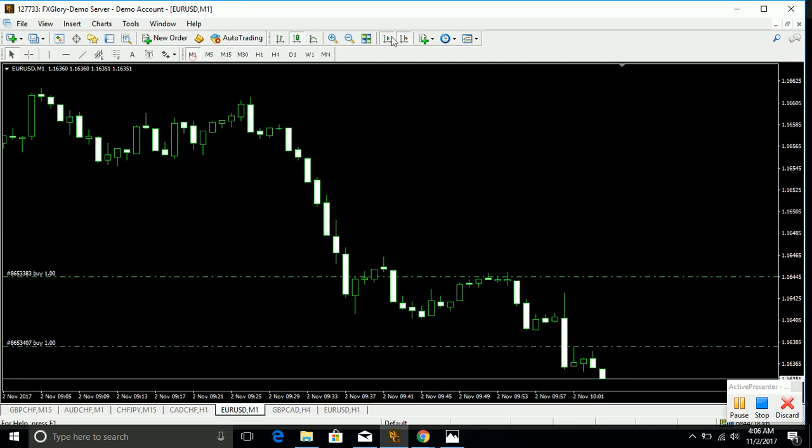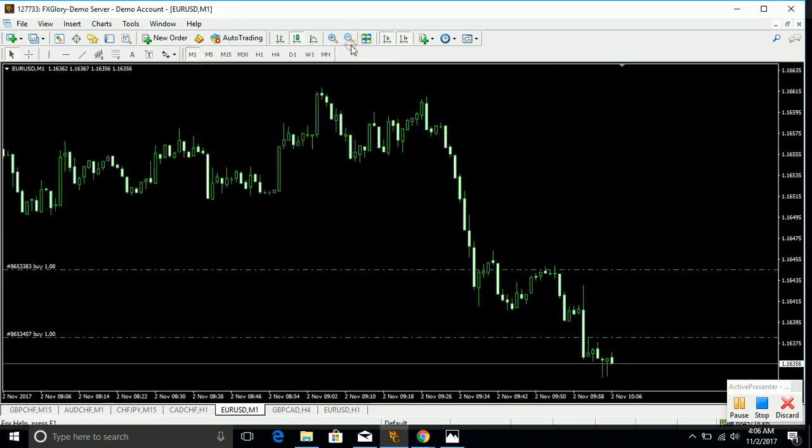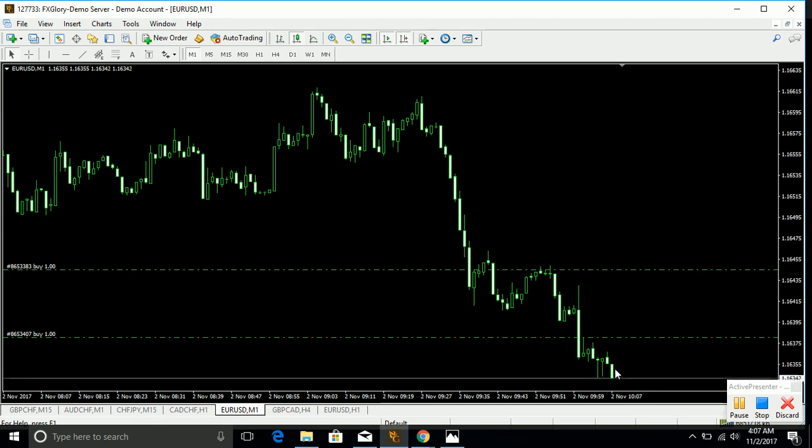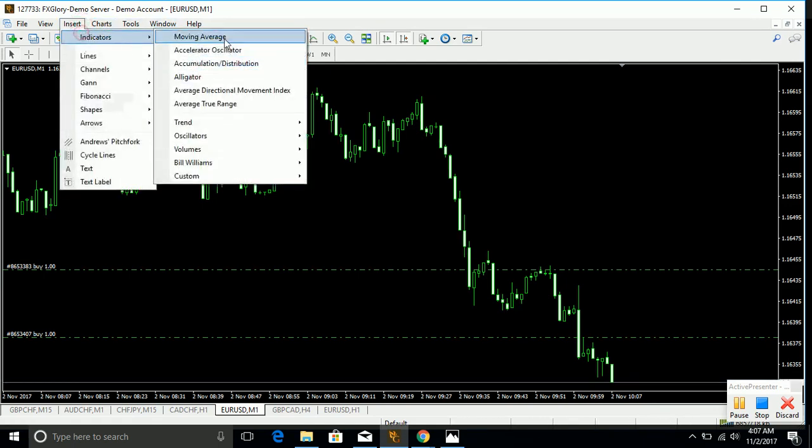Let's start on the lowest time frame. Here we got a hammer. On the smallest time frame possible, the 1 minute chart, we have a hammer. Let's add our moving average.